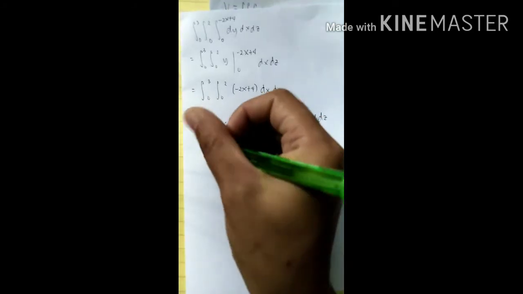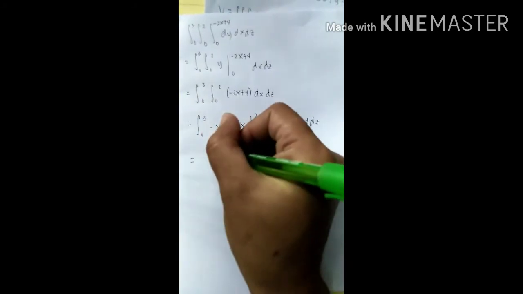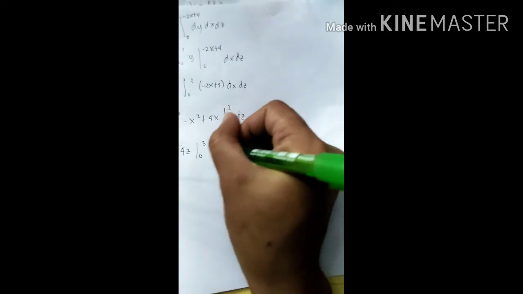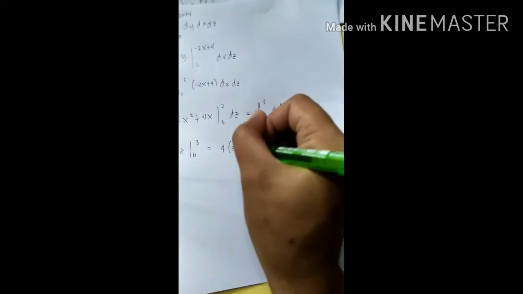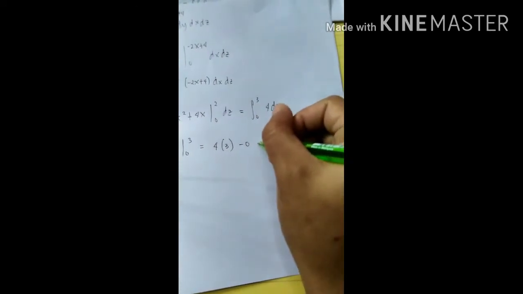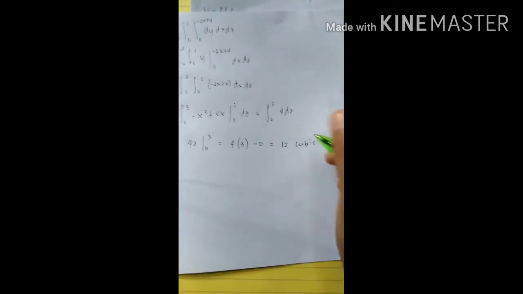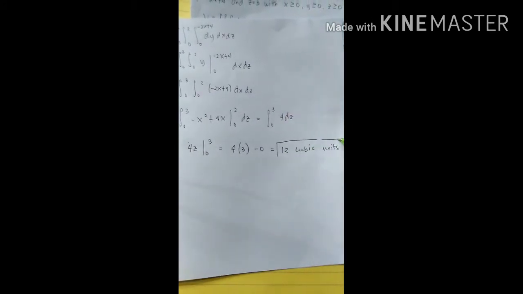And then we integrate with respect to z. We have 4z with a limit of 0 to 3, which is equal to 4 times 3 minus 0, which is 12 cubic units. So this will be the volume of our solid.